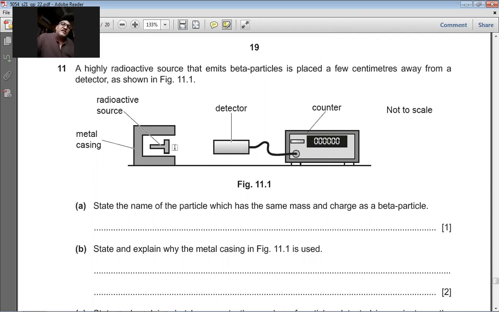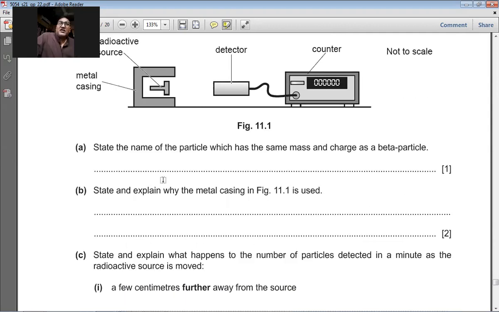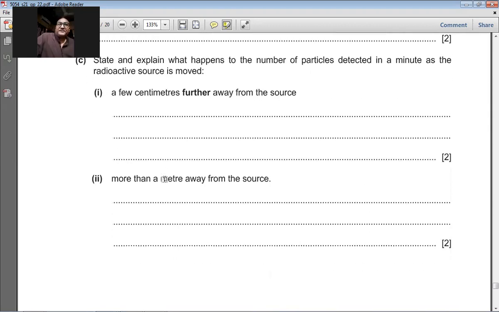If you move it a few centimeters further to the left, the beta particles will still be able to reach the detector, so there might be no change in the reading on the detector, because the beta particles can penetrate through the air. If you move the radioactive source only a few centimeters, there will not be a significant change.